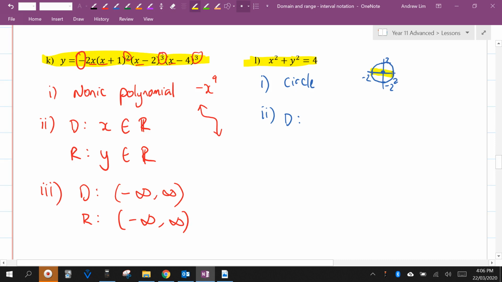So -2 is less than or equal to x, which is less than or equal to positive 2. And the range is also from -2 to 2. So -2 is less than or equal to y, which is less than or equal to 2.